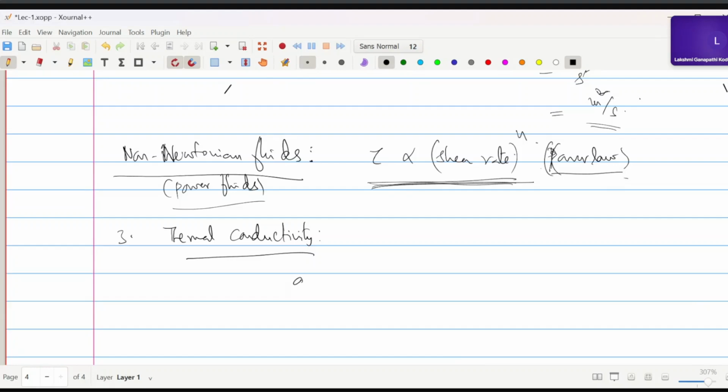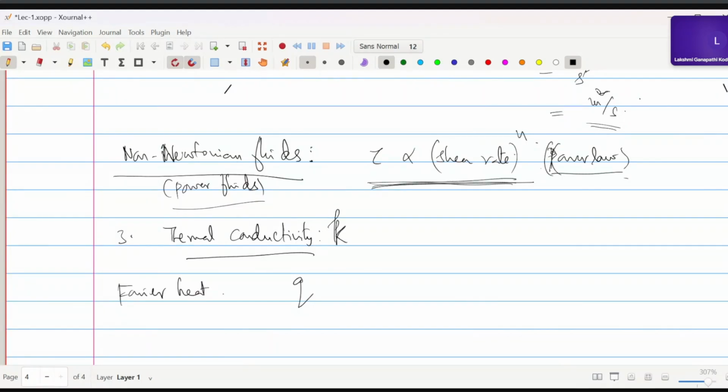Okay. So here you also have another property of the fluid, thermal conductivity. Just like this, you would denote it as kappa. So some thermal conductivity kappa. This kappa is how you do it: there is a heat flux, by Fourier's law of heat conduction.